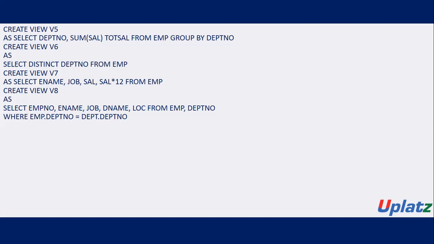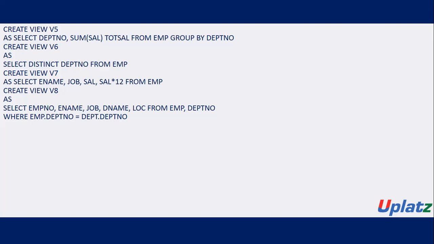So the column department number of the table EMP can be accessed with the dot operator, and is equal to department, the table name, dot department number. Here we are performing an inner join operation.